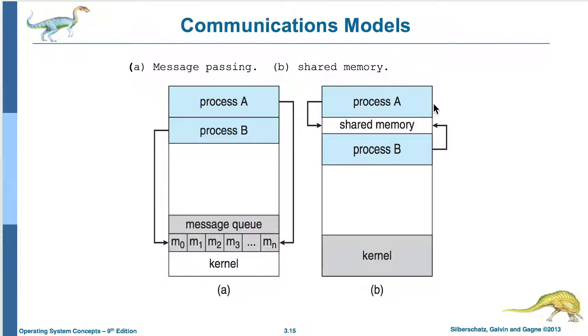One process can conceivably read or write, but let's assume it writes to that region of memory, whereas the second process reads from it, and consequently the two processes are cooperating. Of course, a very common paradigm of this is the client-server paradigm, which we will delve into in a few moments.